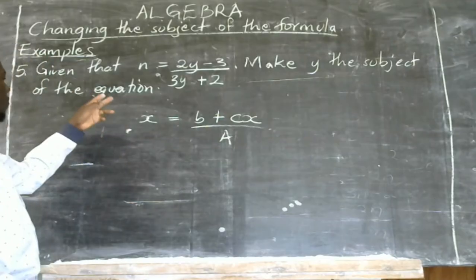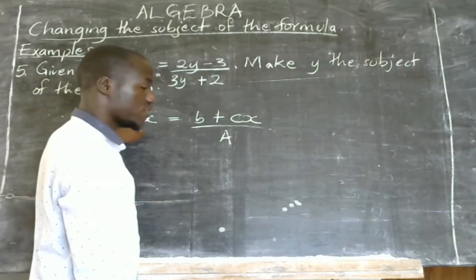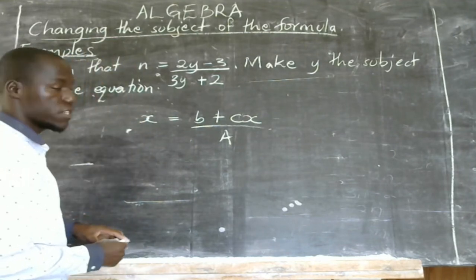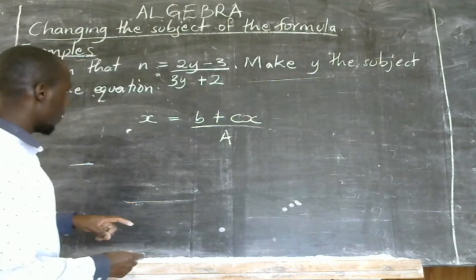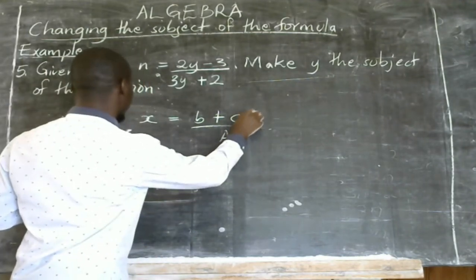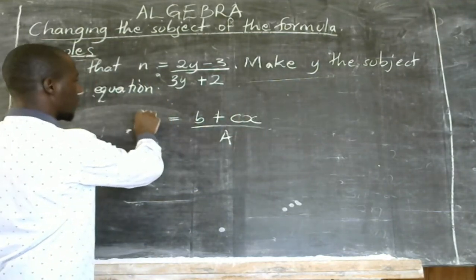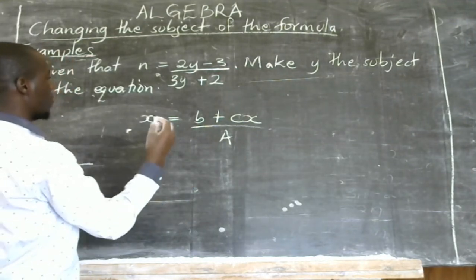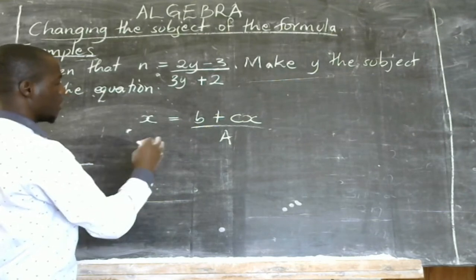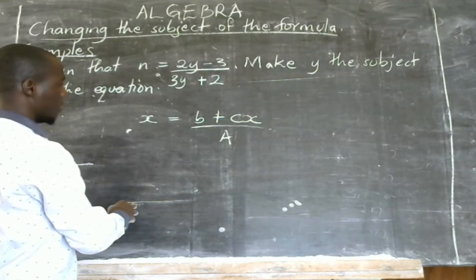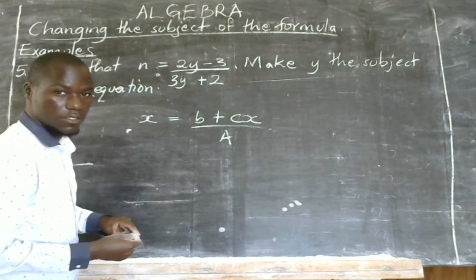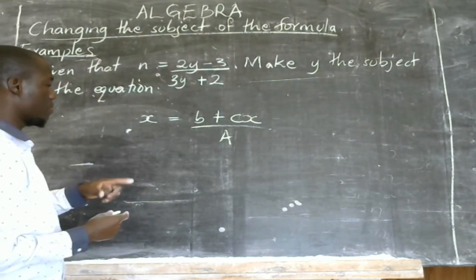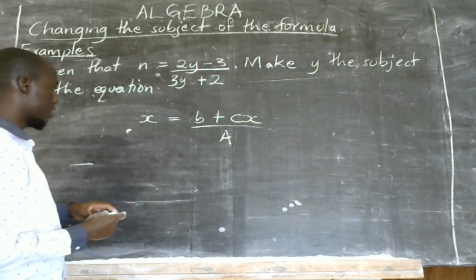So this example 5 is just like this equation that I first wrote in the introduction of changing the subject of the formula. So you see that the x and the x, they are both at different sides of the equation. So you must first simplify, bring them one side, then do the factorization, and then divide both sides by that bracket. That will be multiplying the factored out x.